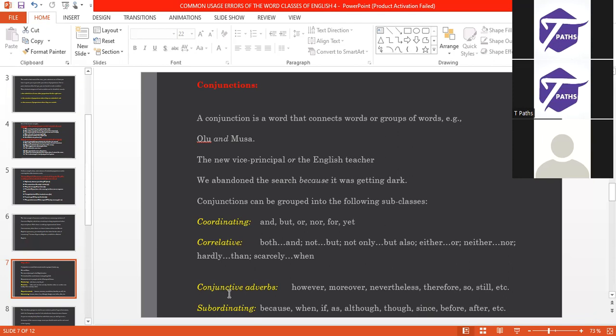Look at this one, conjunctive adverbs. You have these words: however, moreover, nevertheless, therefore, so, still. And then you have subordinating conjunctions: because, when, if, as, although, though, since, before, after, right?